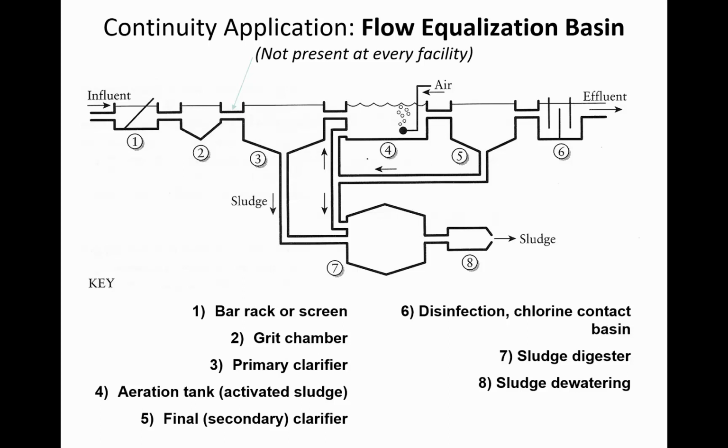And so the reason why I bring it up is that it's important to have a flow equalization basin. Because we're talking about a bacterial system for purifying water, it's not a system that you can turn on and immediately turn off.